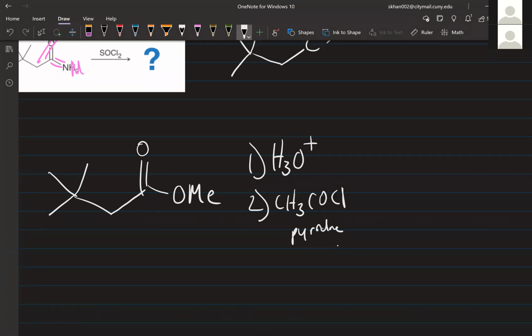And for any ester, what do you get when you introduce it to acidic conditions? What are you turning the ester back into? You're hydrolyzing it, technically introducing water as a nucleophile, right?